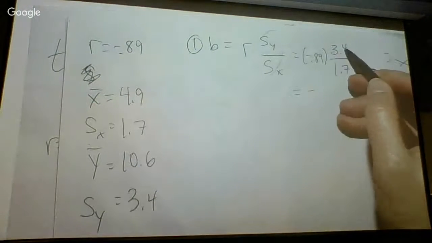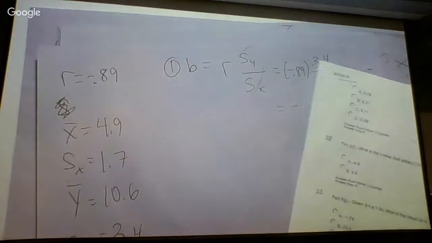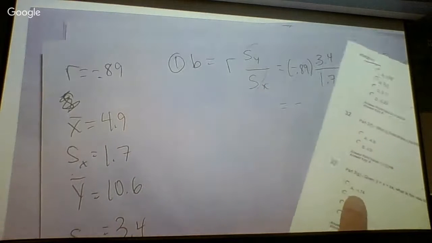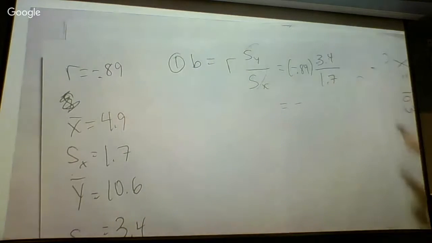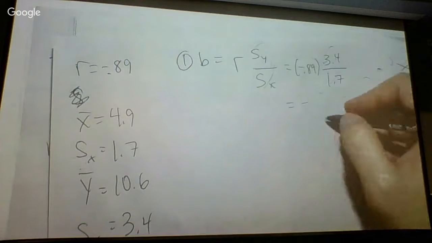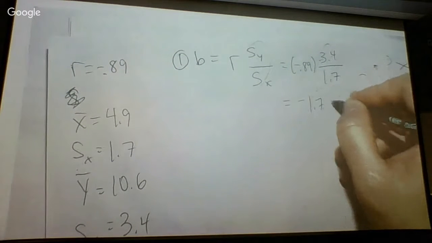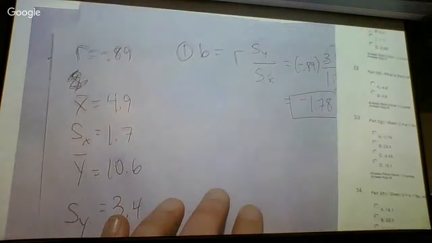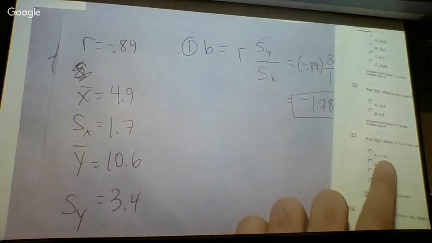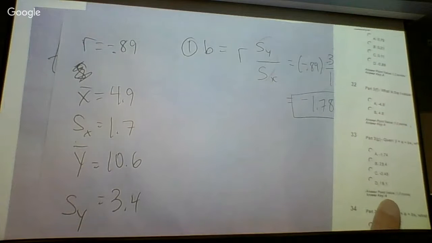No, I was lying. That appears to be the correct one, because that looks like 2, that looks like 0.9, something around there. Hey, it says the answer is A.